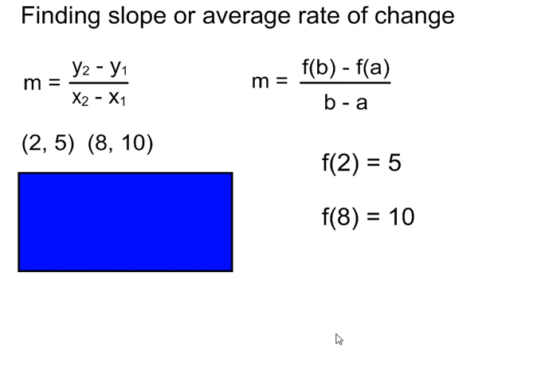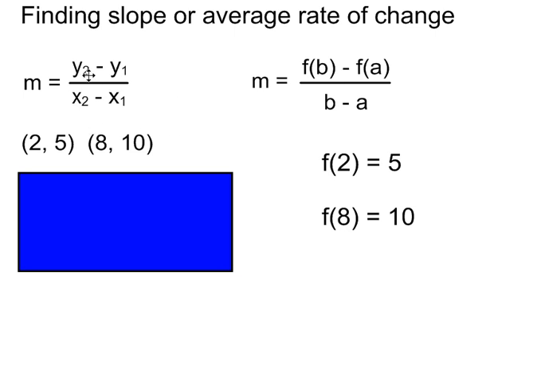Finding slope, or average rate of change. There are a number of different ways that we talk about slope. You will hear average rate of change is another one of those. Now, the example on the left is the formula that we learned, again, back in Algebra 1 and Algebra 2. You have the change in y over the change in x, or rise over run.